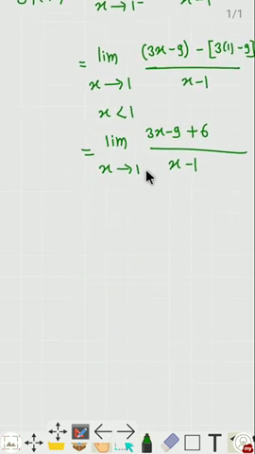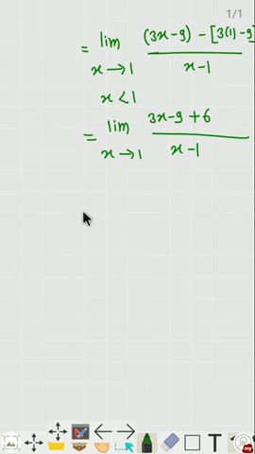Okay, it is equal to limit x tends to 1, and here it is 3x minus 3 divided by x minus 1.